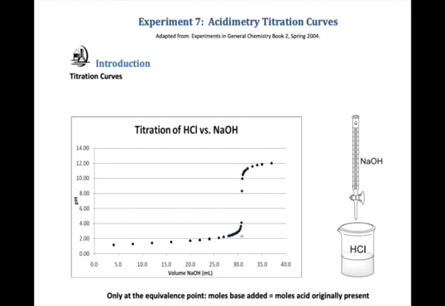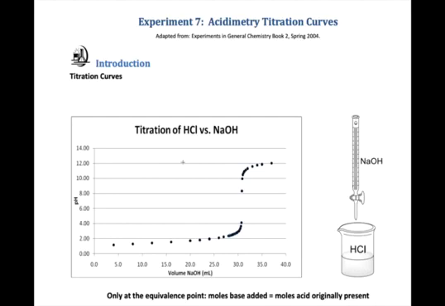But if we know that exact volume and a very precise concentration, it allows us to find the number of moles of base that we added, and we know at the equivalence point that's the number of moles that we had in our beaker. If we know the moles quite accurately and the volume, that will allow us to find the concentration. That's how a titration works for a strong acid with a strong base.